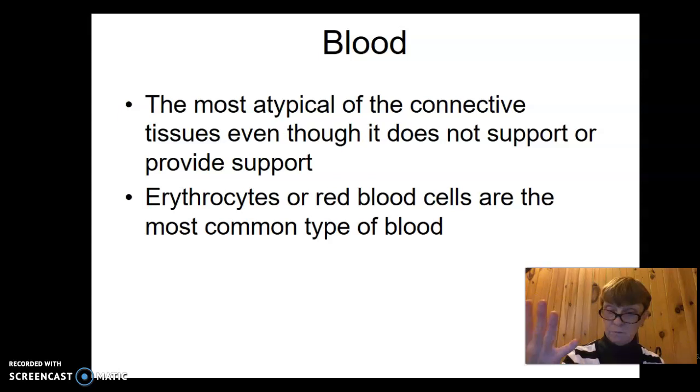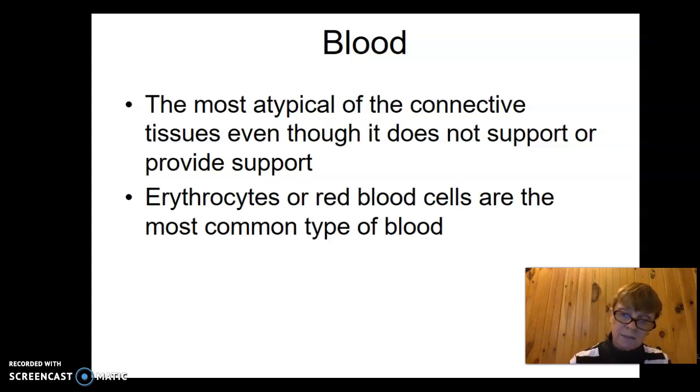If you want to separate them out to 5, loose and dense are separate, and then you have cartilage, bone, and blood. Or if you want to pull it out one step further, there's loose, adipose, dense, bone, cartilage, and blood. So those are our 4, 5, or 6 types of connective tissue.